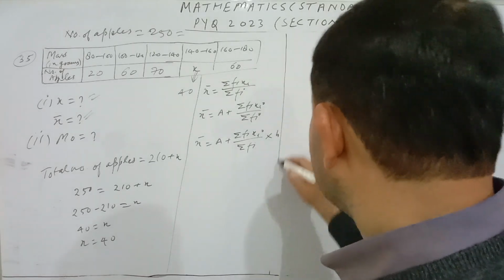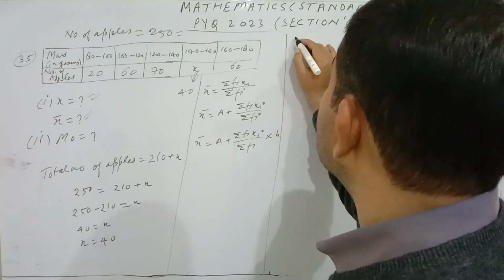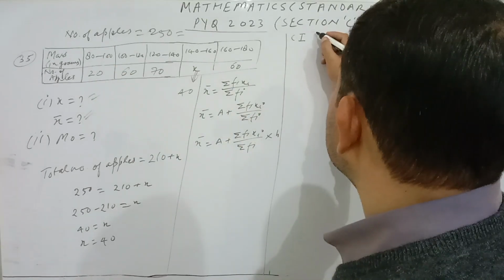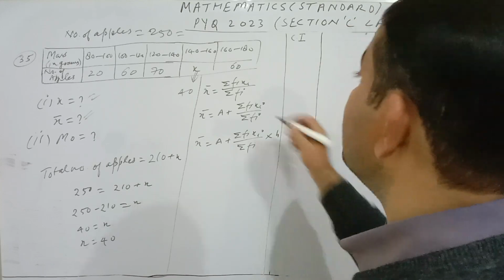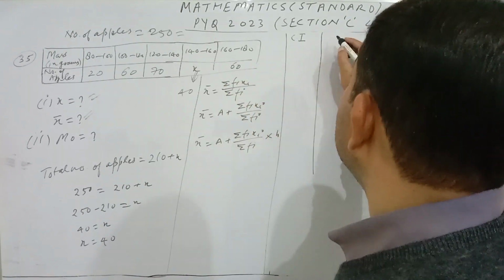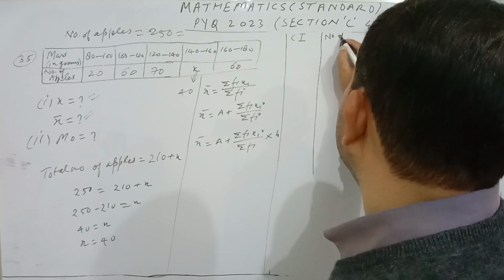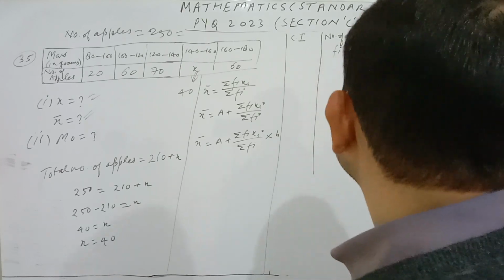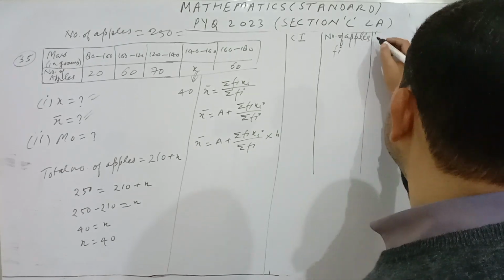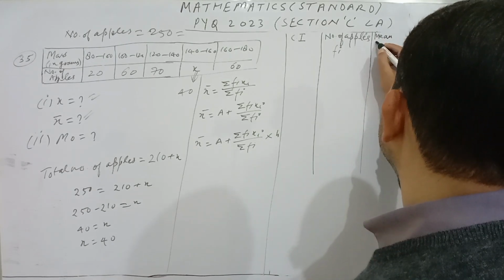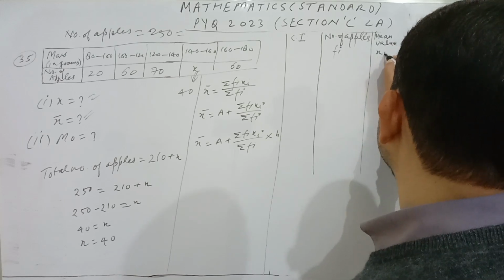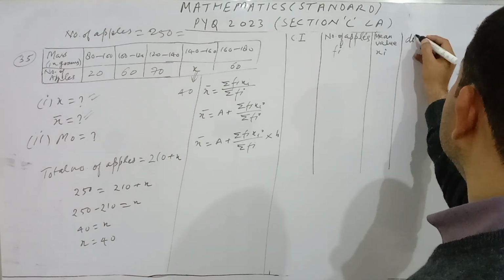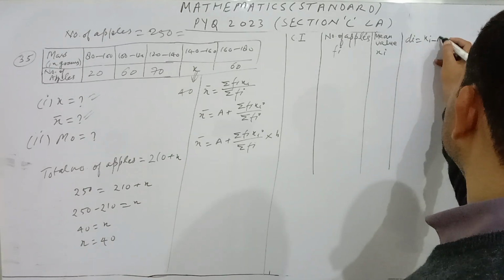So first of all, we will have to prepare a table. We will write here class interval. This is class interval, and the second column will be frequency, number of apples, and it will be frequency fi. After that, the mean value, it will be xi, and after that we will find di, and it is xi minus a.